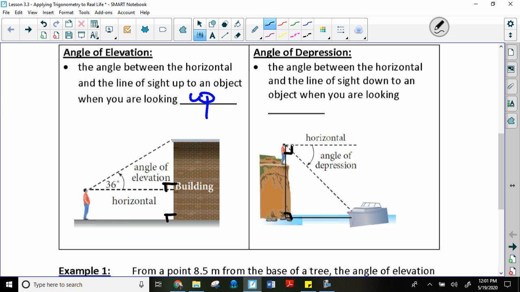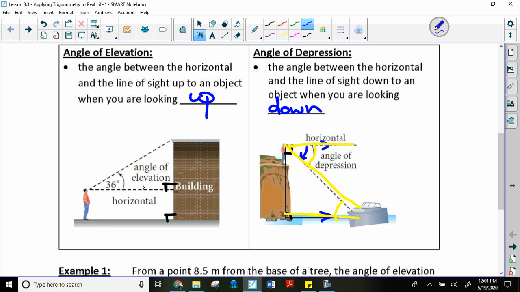And the depression happens here, and we've got to remember some Z patterns. Do you remember the Z pattern from grade 9? Because this is parallel to this, let's do the Z pattern. That means that this angle is the same as that angle, and that's important to know for our angle of depression.